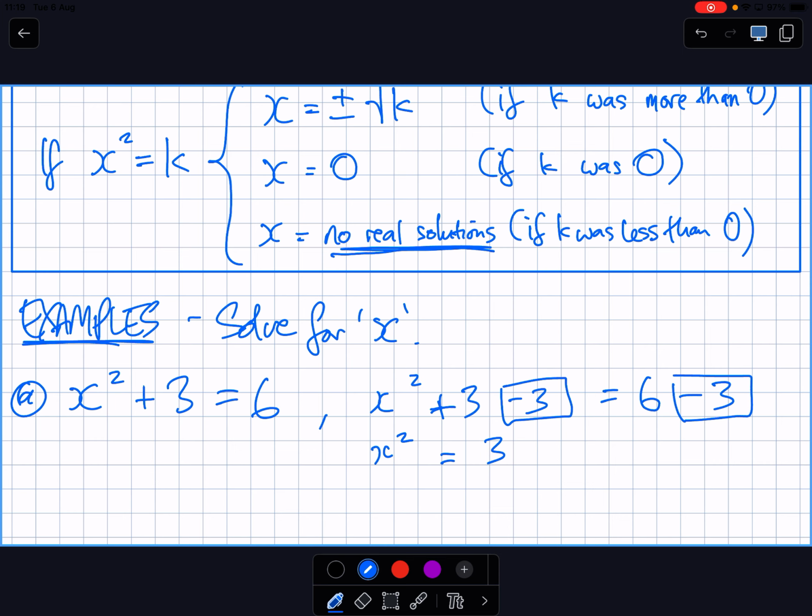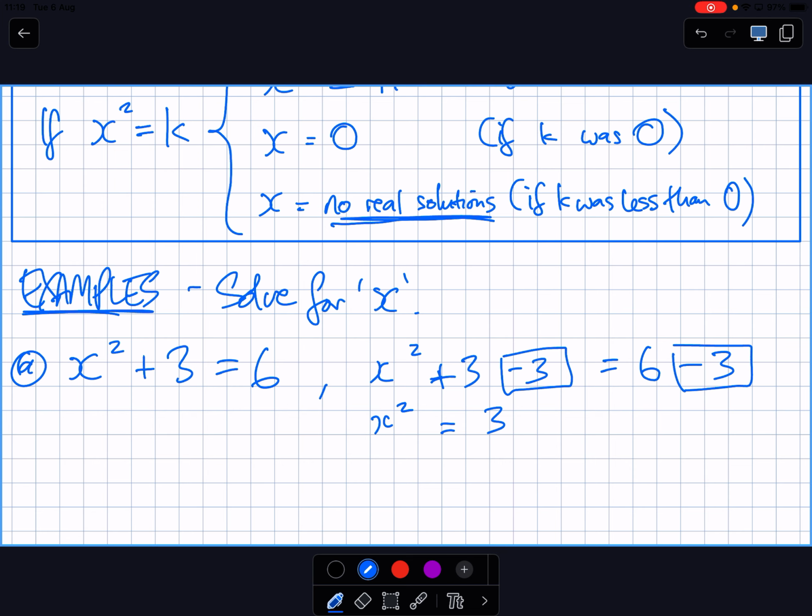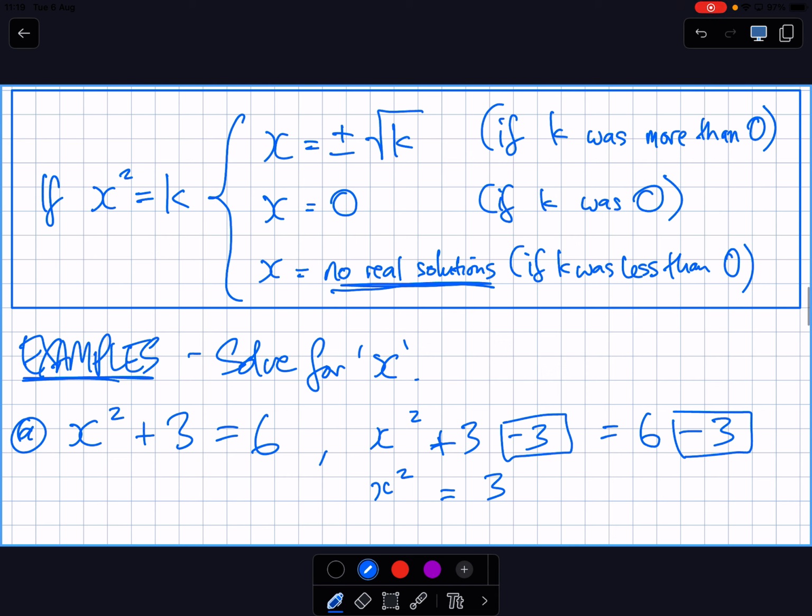So now, what is our step? What is the opposite of squaring something? Square rooting it. Okay? So now you look at this flowchart. We have a situation that x squared is equal to a number. What is that number in this problem? It's 3. And then I look at my little flowchart. It's going to be one of these 3 things. Is k more than 0 in our problem? Yeah, it's 3. So my answer is just going to be x is equal to plus or minus the square root of k, which was 3.